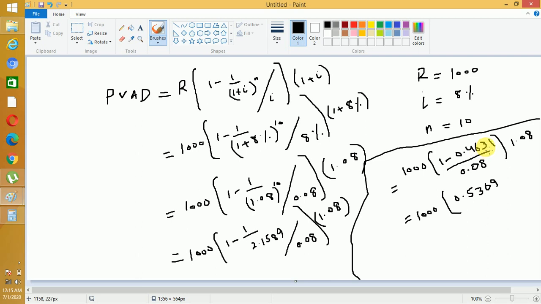One minus this, so we got this divided by 0.08. Close the bracket and multiply it by 1.08.